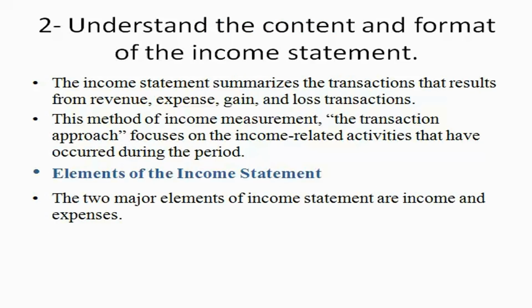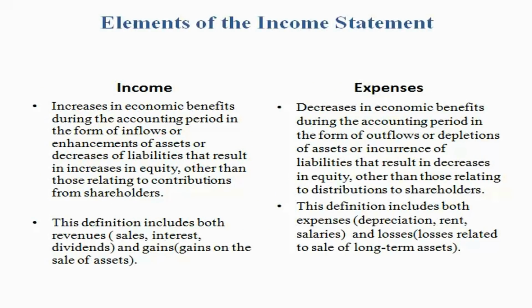Then we learned the contents and the format of the income statement. The main two elements of the income statement are income and expenses, and we learned the definitions of each item.